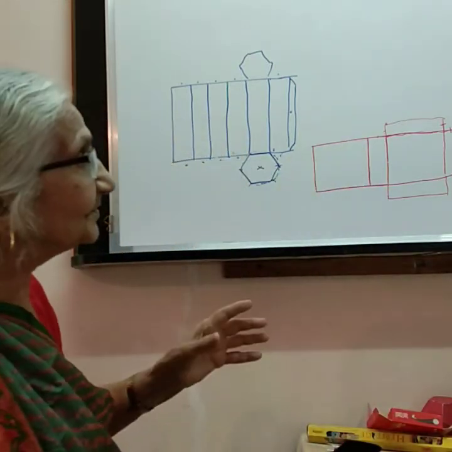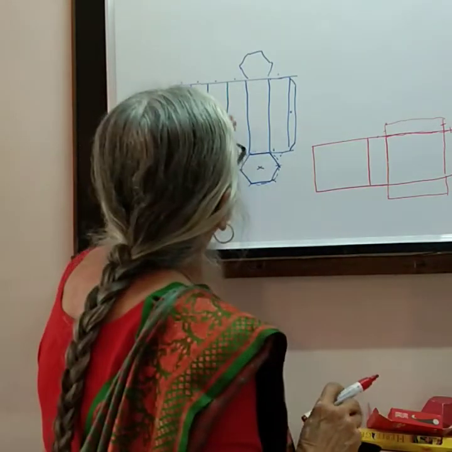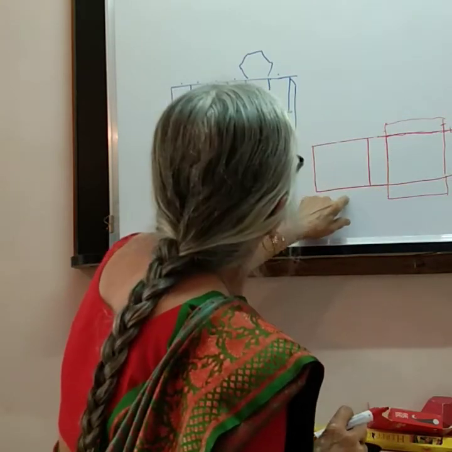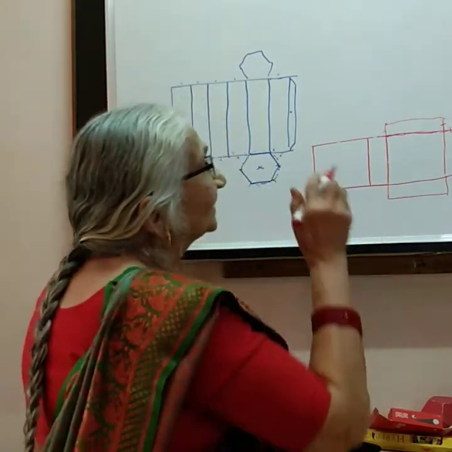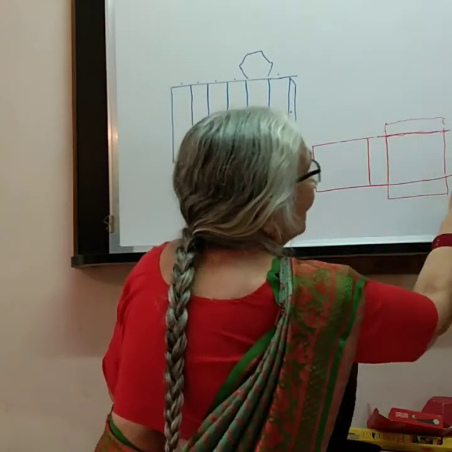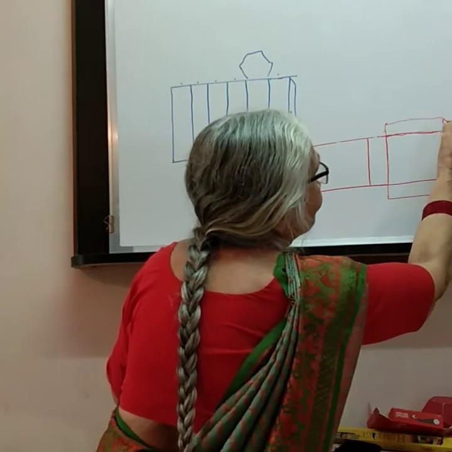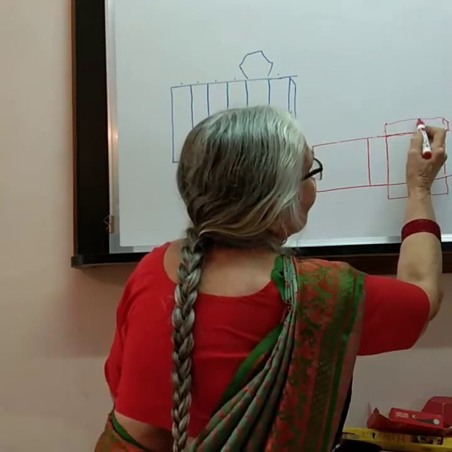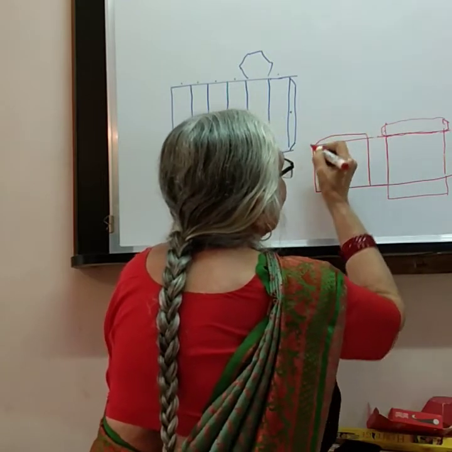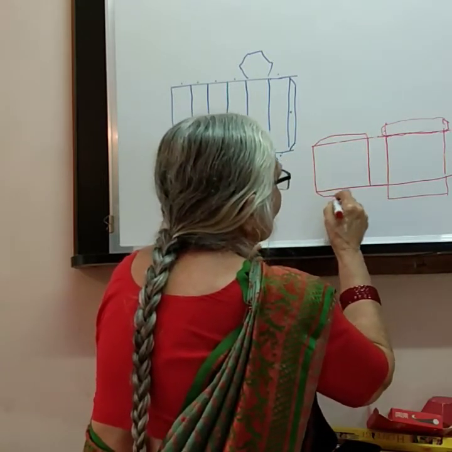And now the flaps. You can take the flaps as we did here, all these. Or you can also do it like this. Take one here, one. Leave this one. Leave this, take this. Leave this, take this. Leave this, take this.